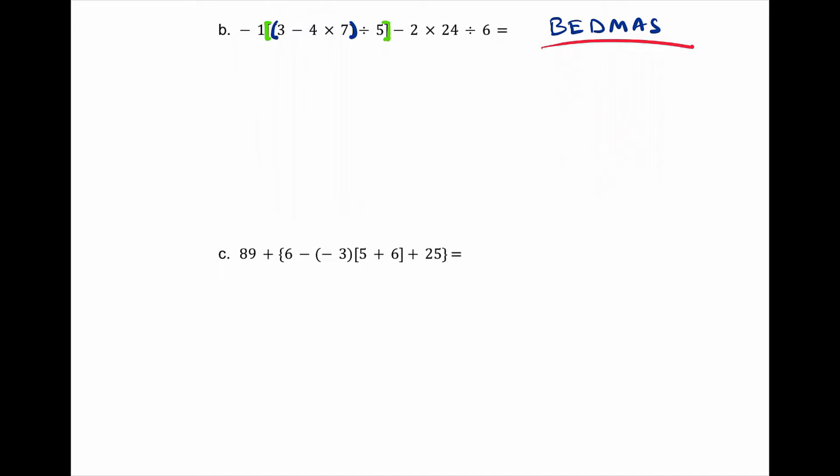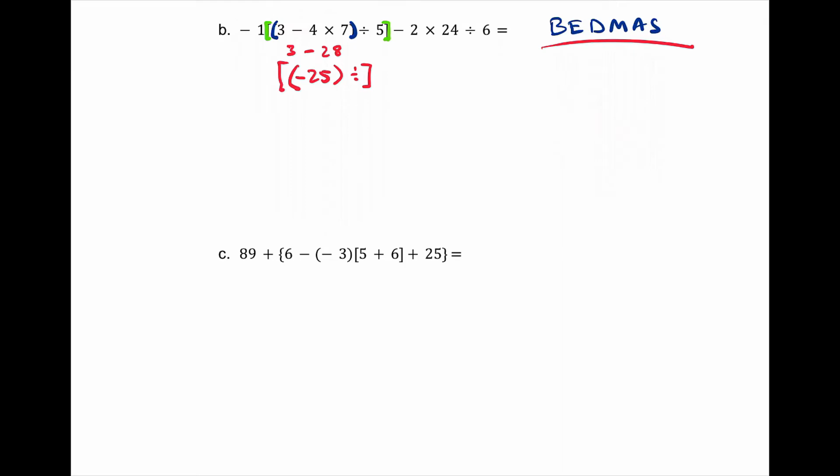Inside those blue brackets, I'm going to do 4 times 7, which is 28, and just put the rest down like that. 3 minus 28 is going to be a negative 25. I'm going to keep that inside the bracket, and then put everything back together just so I'm not missing anything. Okay, and this goes right here.